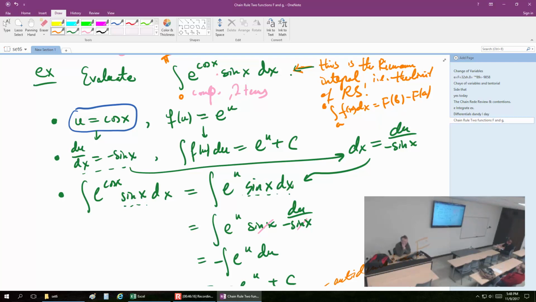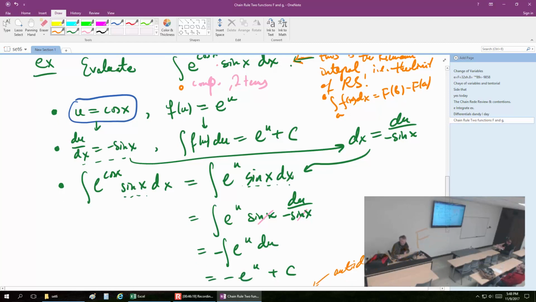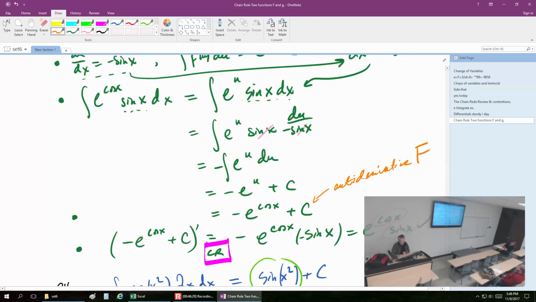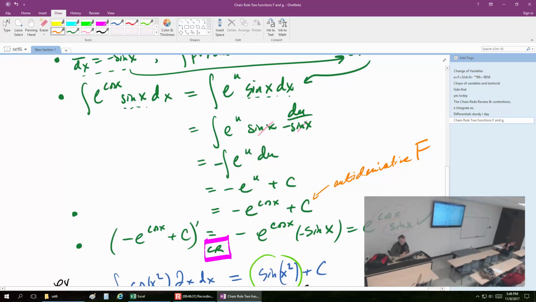So have an antiderivative, then plug in two values. Suppose this is f, what we're integrating, and then F capital is what we found.